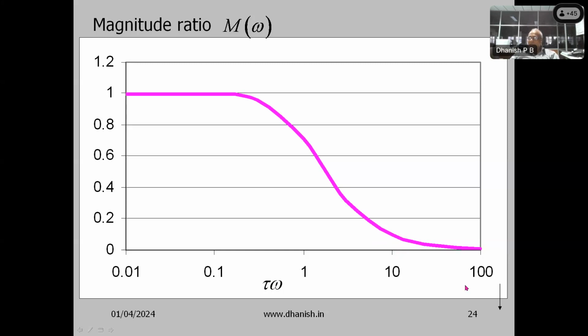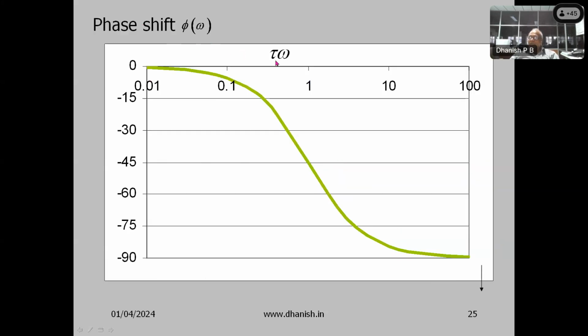So this is the magnitude ratio graph. And then phase shift: again, for low values of tau omega, phase shift is very small till about 0.1 or so, then it starts shifting, and at tau omega equal to 100, the phase shift is minus 90 degrees, minus pi by 2.